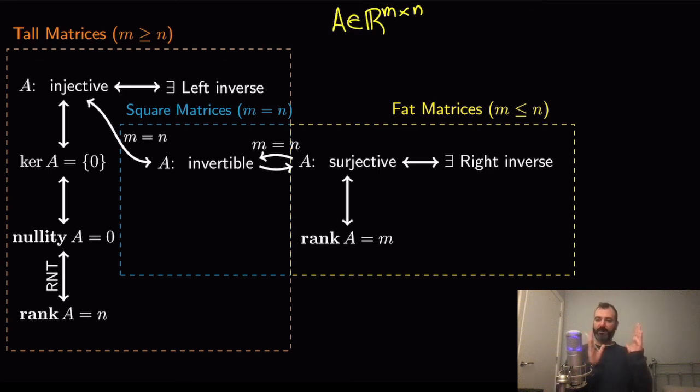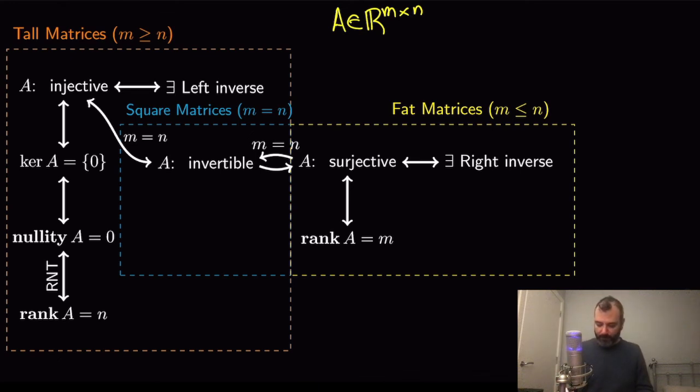So we call the matrix square if it is n by n, that is, m is equal to n. It has the same number of rows and columns. If a matrix is extended like this, it is wide, it has more columns than it has rows, we call it a fat matrix. And if it is tall, we call it a tall matrix, if it has more rows than columns.